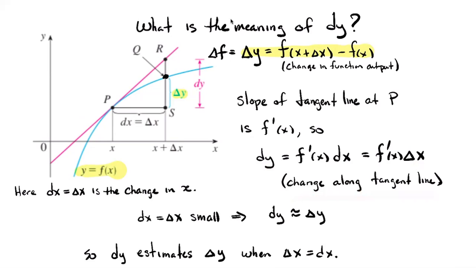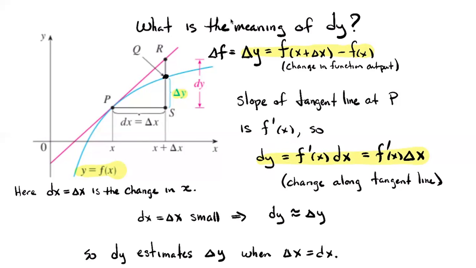Because if you have a line with slope f prime of X, and you change X by delta X, you multiply the change in X by the slope to get the change in a line. So that's what the differential represents. It's how much the function changes along the tangent line. That's its importance geometrically.